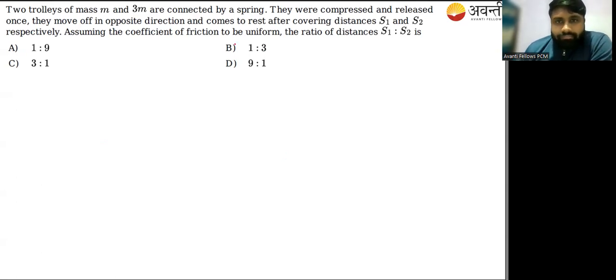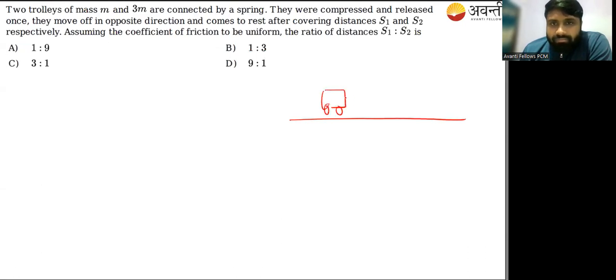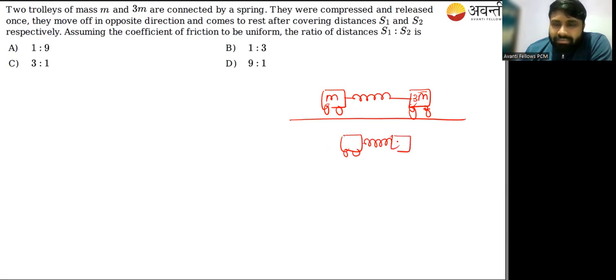Now we know that if this is the surface, these are two trolleys which are connected by a spring, and they have mass m and 3m, let's say. Once they have been squeezed, the length of the spring will decrease. Then when we release it, the spring will apply force on the system and they will move, so they will extend their length.